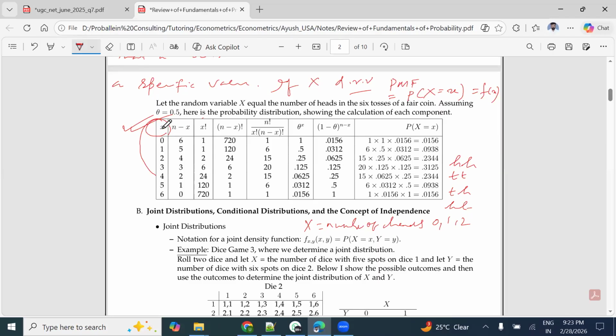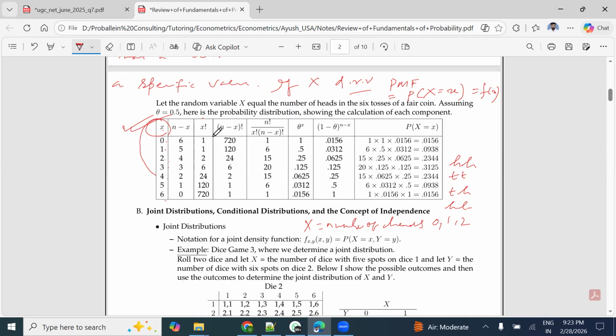The first column, 0, 1, 2, 3, shows getting zero heads, one head, two heads, three heads, four heads, five heads, six heads.